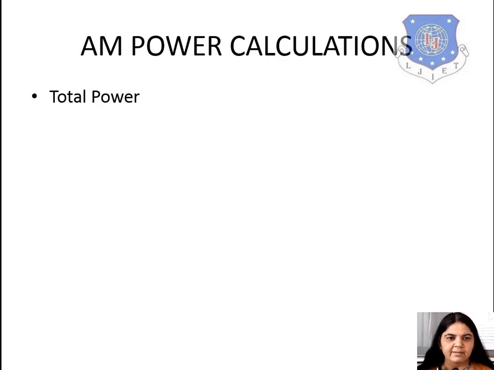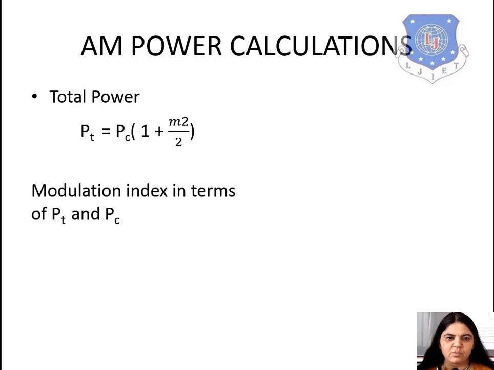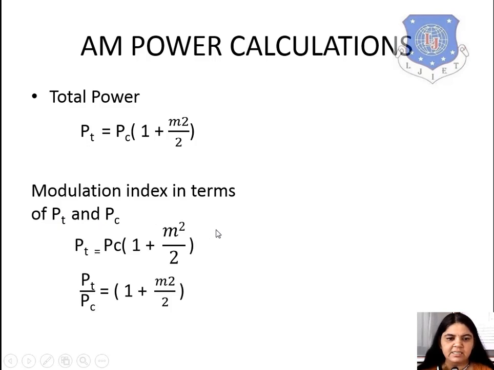So, you know the total power equation which we derived: PT is equal to PC, where PC is the carrier power, times the bracket 1 plus m square by 2. Now I want to find the modulation index in terms of the total power PT and carrier power PC. So what can we write? PT divided by PC is equal to 1 plus m square by 2.